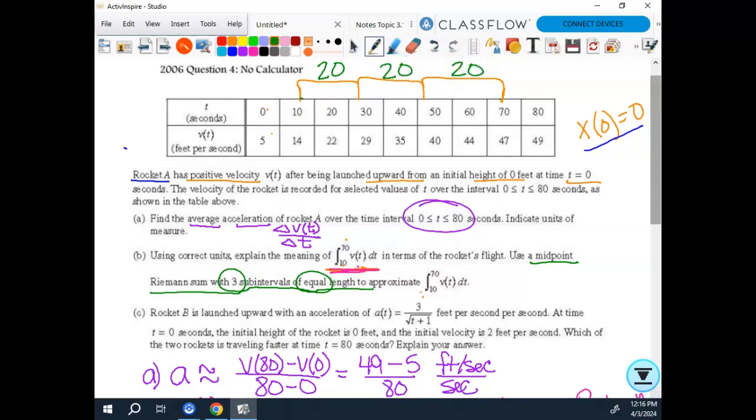And then these are midpoint Riemann sums. So the height of the rectangle is the middle number right there. Highly suggest you circle them or do something so that you use the right numbers, right? Because we don't want to pull the wrong numbers off of the chart. Okay.